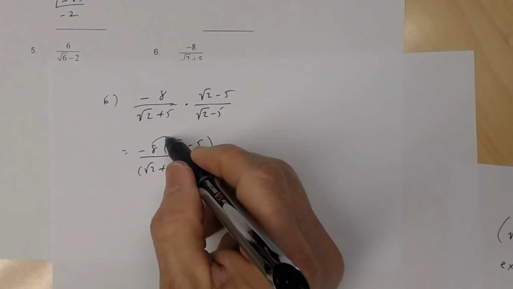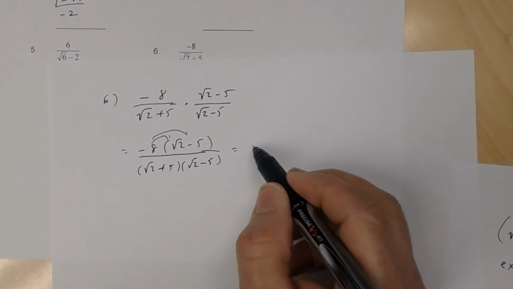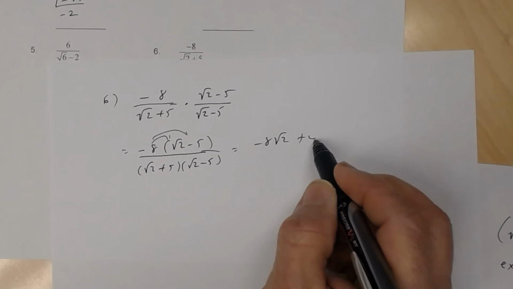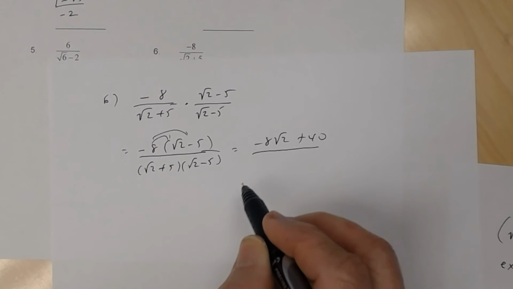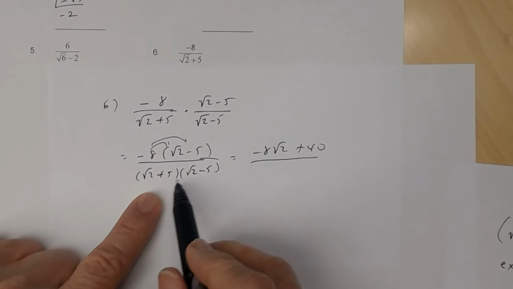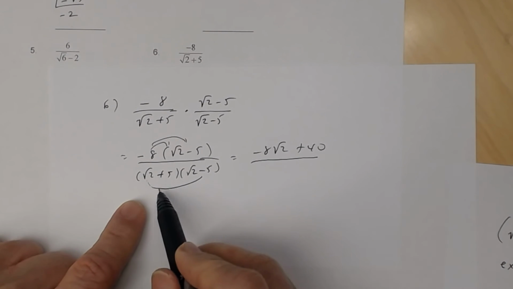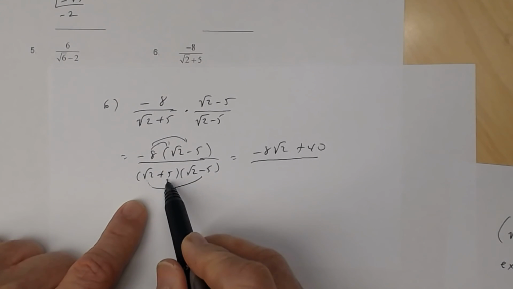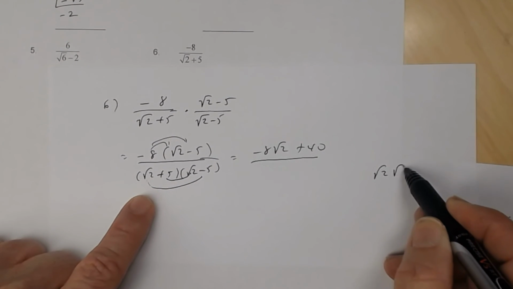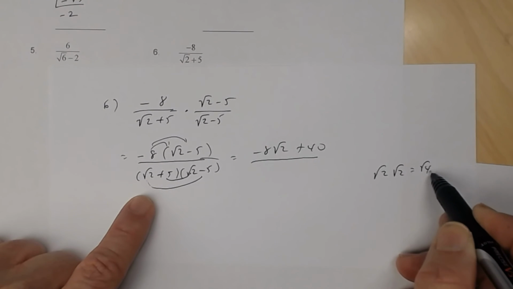And then we distribute the numerator. So I get negative 8 square root of 2, and negative 8 times a negative 5 is a positive 40, divided by, and then notice that these are conjugates, so the outer, which is negative 5 square root of 2, and the inner, which is positive 5 square root of 2, add up to be 0. And so you get the square root of 2 times the square root of 2, which is square root of 4, which is 2.